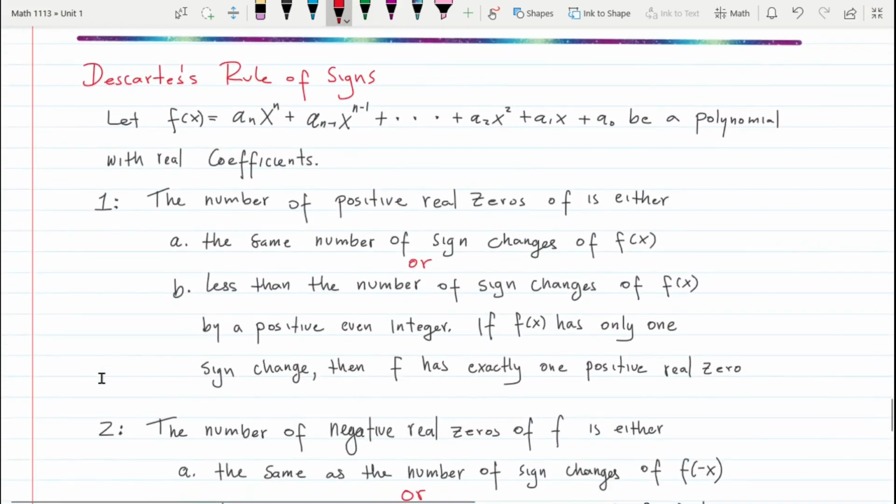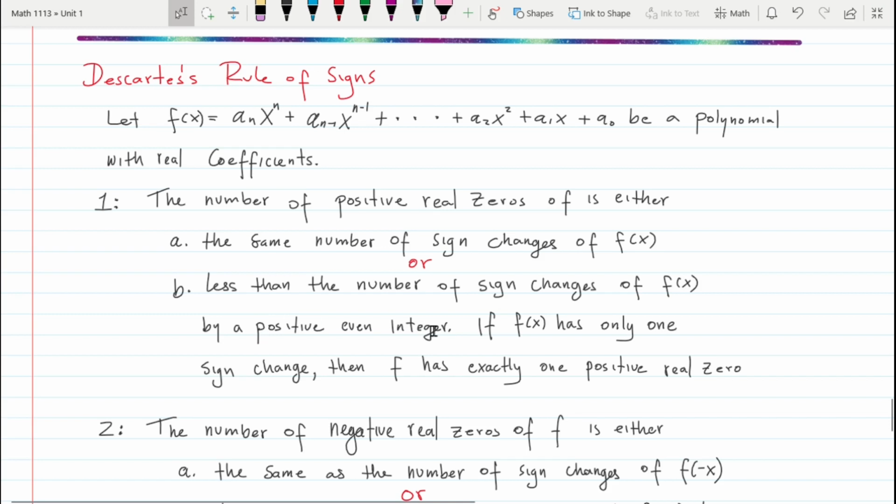Here's the rule in more detail. So think of the regular definition of a polynomial that we've been talking about, and it has real coefficients. So part 1 of the rule of signs says that the number of real positive zeros is either the same number as the sign changes, like we just did, or, here's a big piece of that, less than the number of sign changes by a positive even integer.